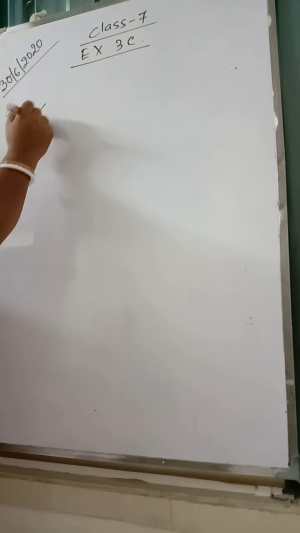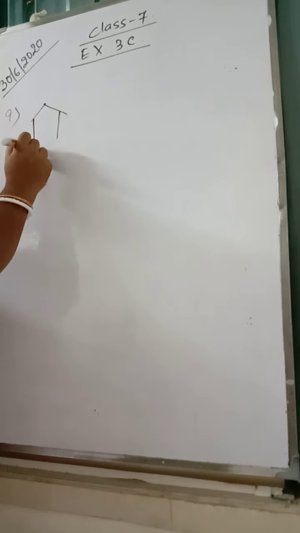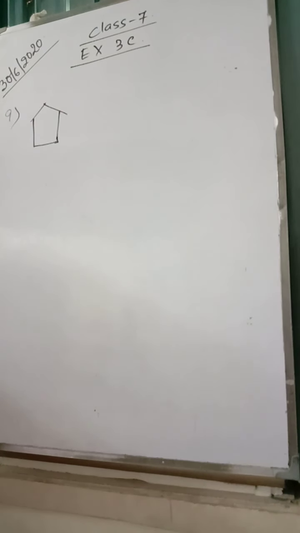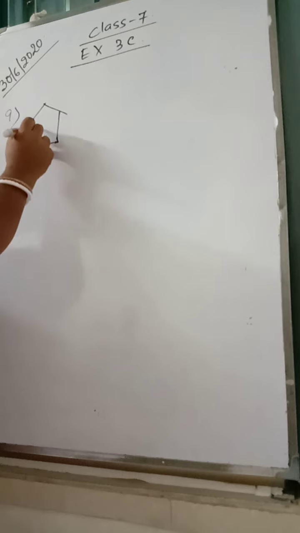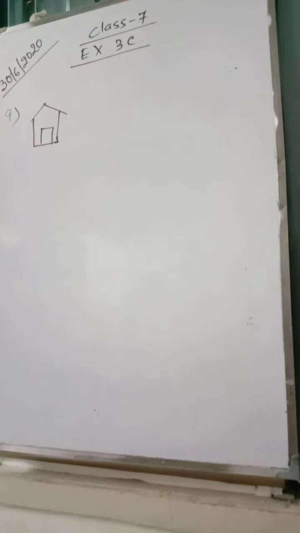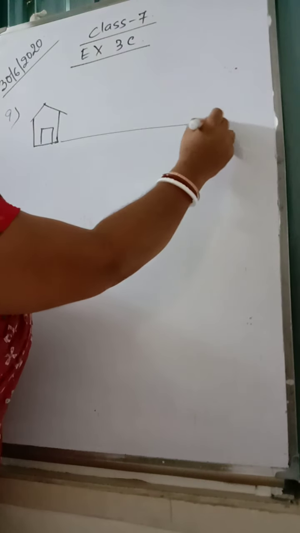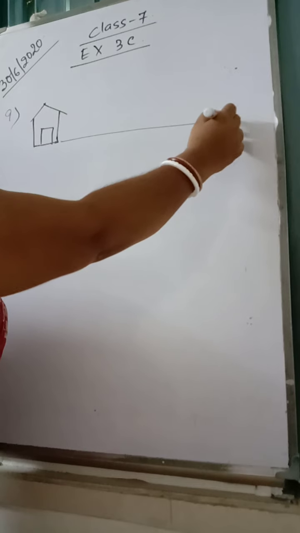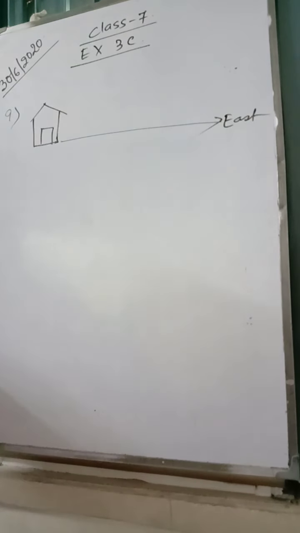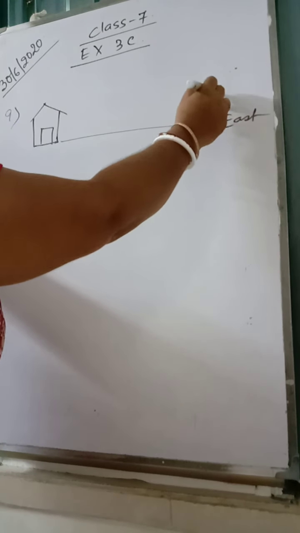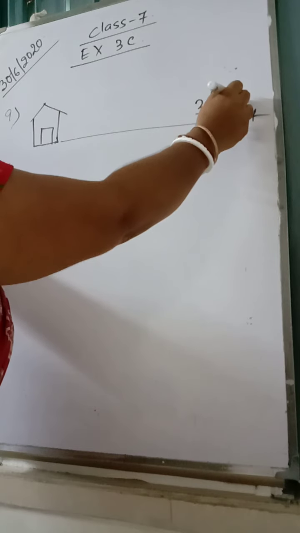Just see question number 9. If this is the home of Pankaj, he is moving towards east. East is the right side of the number line, so that is 3 4/5 kilometers till here. Clear?